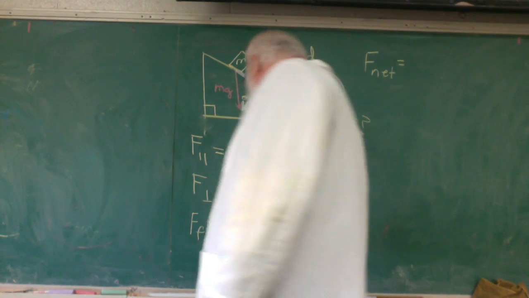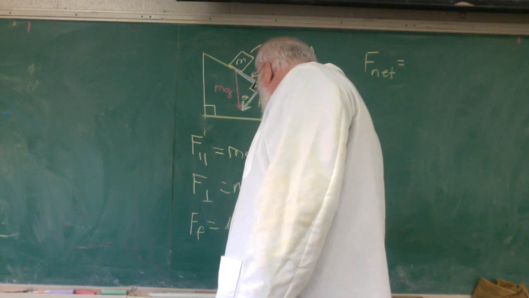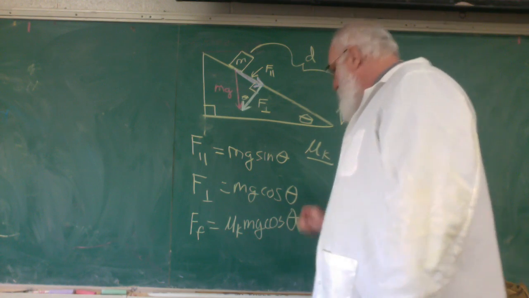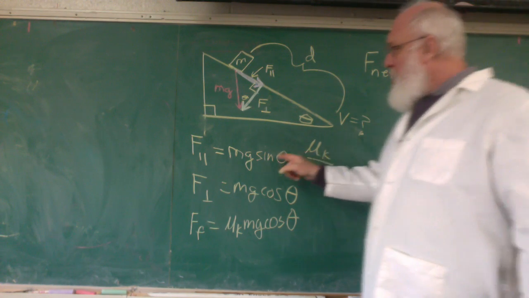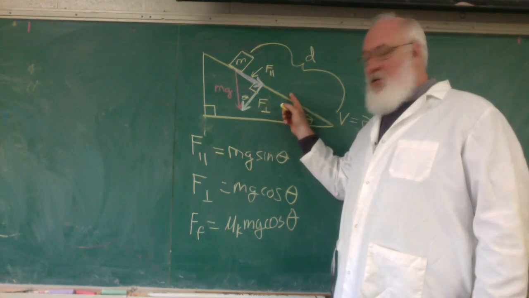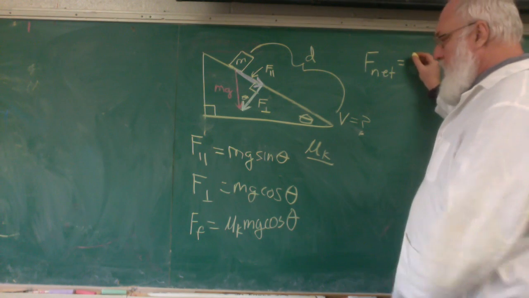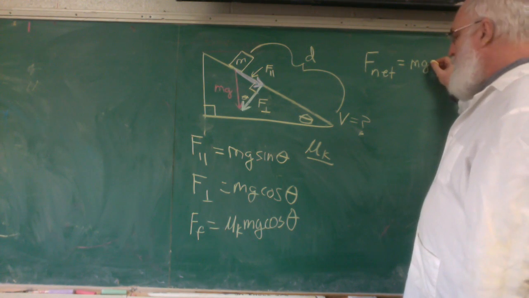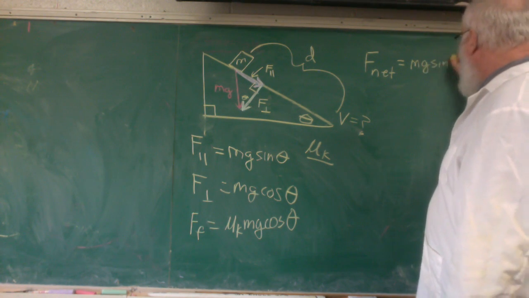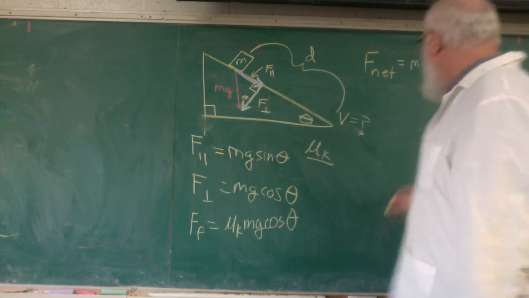So we have mu k mg cosine theta is the force of friction. The net force then is the force downward, the parallel force, minus the force of friction. So that's going to be mg sine theta minus mu k mg cosine theta.